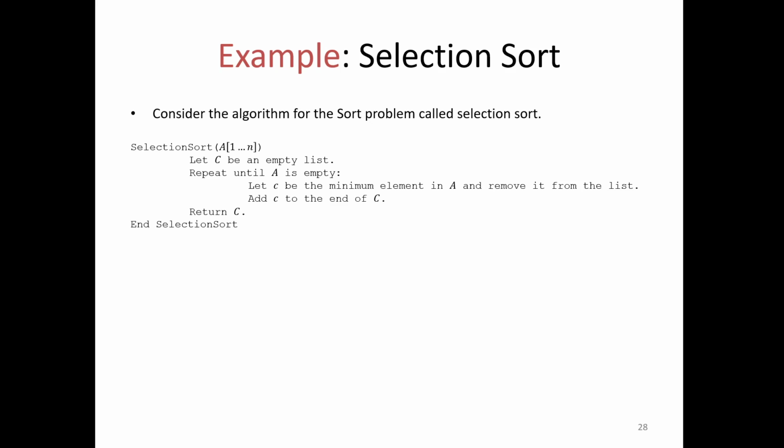And the way that we're going to do that in this loop here, so we're going to repeat until A is empty, we're going to first find and remove the minimum element from our list A. So this is going to be how we ensure that we add the elements in order to C. We're going to find and remove the minimum element, so we're going to find it. That would be the first one we'll add to C, and we're going to remove it from A to ensure that we don't select it on the next round.